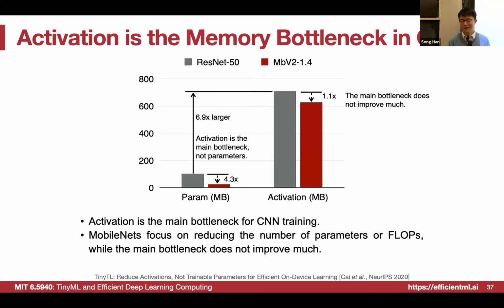So the main bottleneck did not improve much from ResNet to MobileNet for training. Why is that the case? Because MobileNet focused on reducing the number of parameters or the FLOPs. The major change is that it introduced depth-wise convolution.